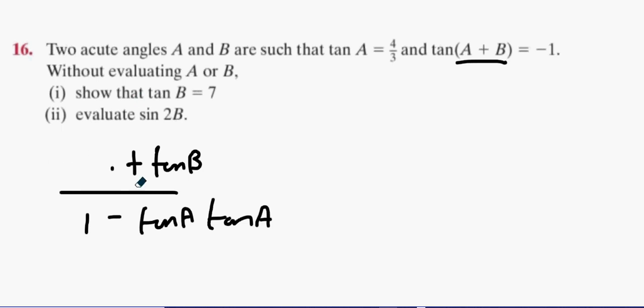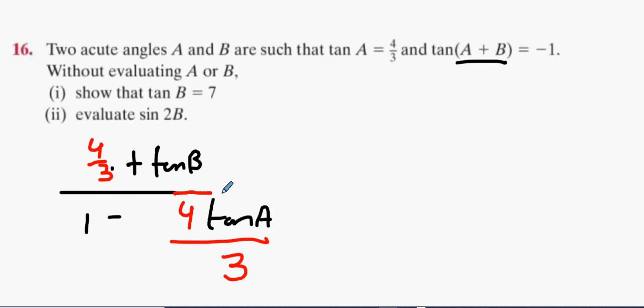Tan A is going to be replaced with 4 over 3, isn't it? Okay, so that's a solid start. I'm just going to put the 4 there and the 3 there, okay? What can I do with this number 1 here? What could I turn it into? 3 over 3. Is that alright?